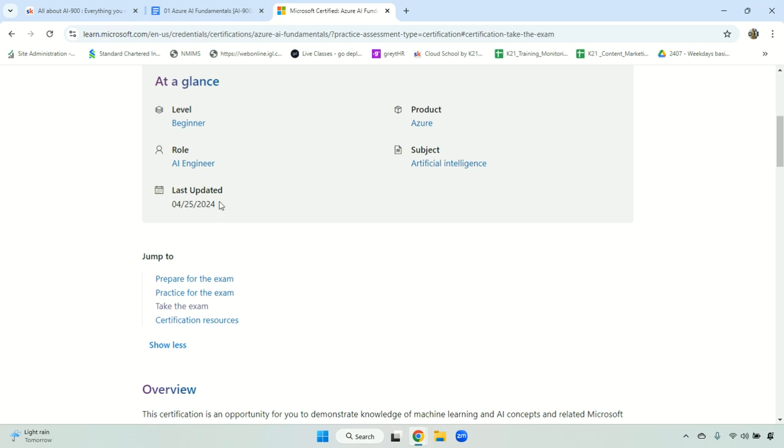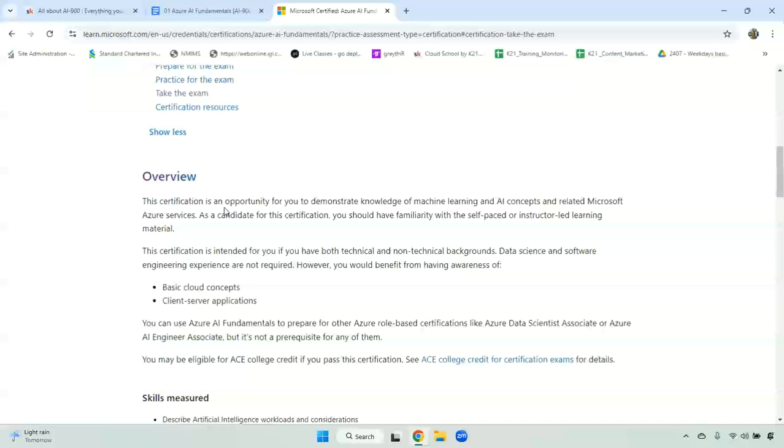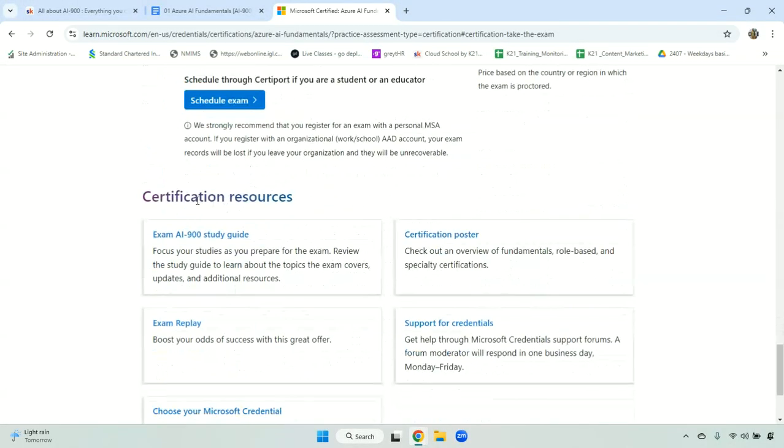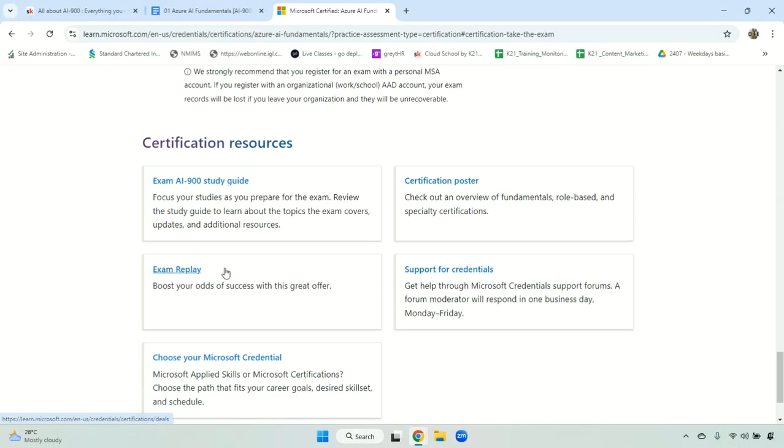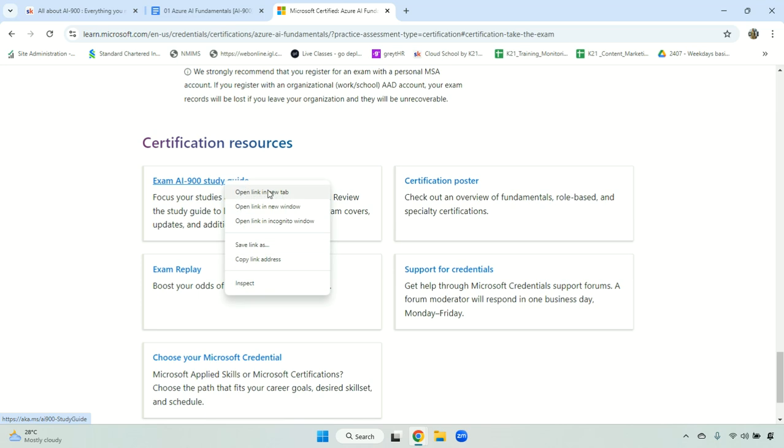You get updated information based on the last update, when the course was updated. Like this course got updated in the month of April, which is 25/4. You will see all the latest information whenever Microsoft updates its exams. So before going for the exam, make sure to check when the last update happened. It gives you more clarity. If some changes have been made, you can always go to the exam guide part, the study guide.